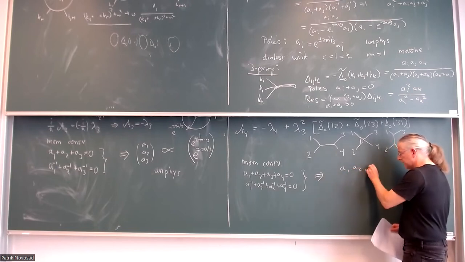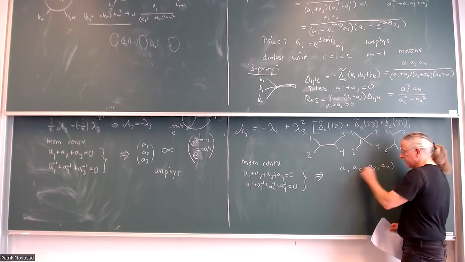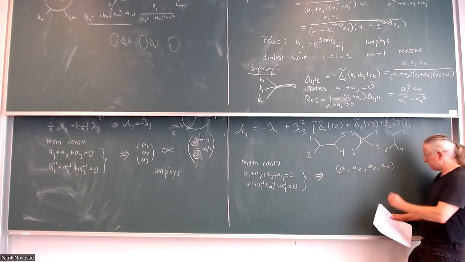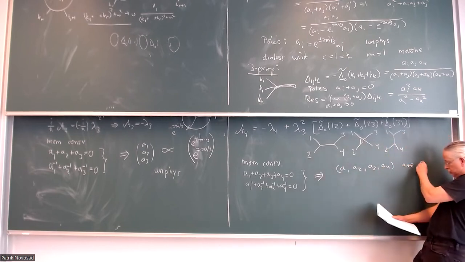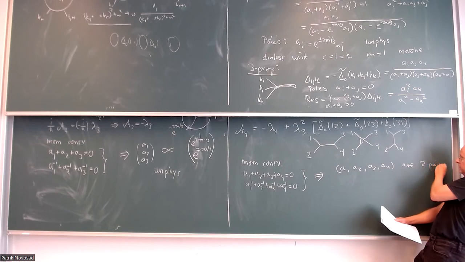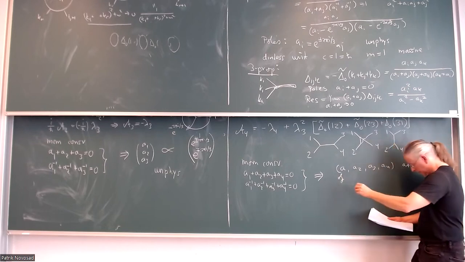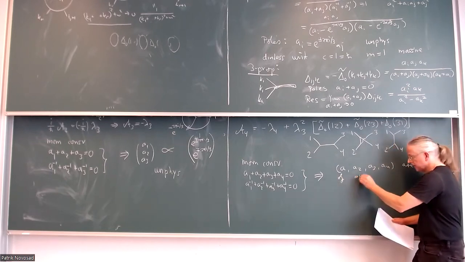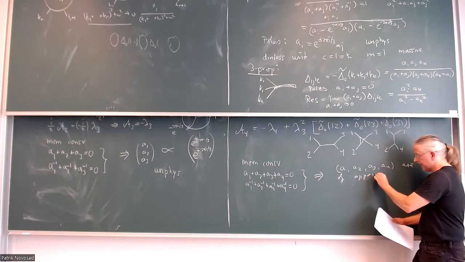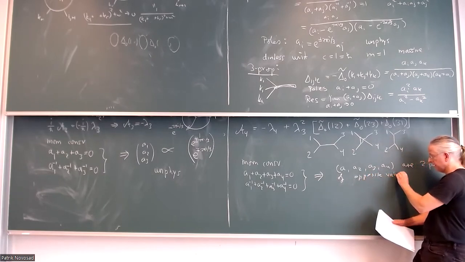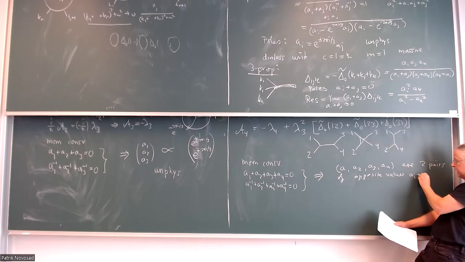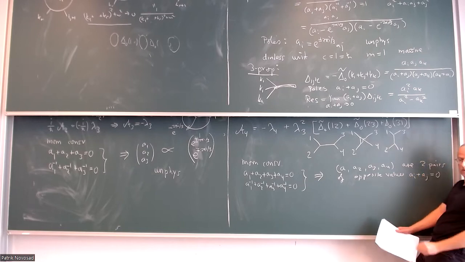A1, A2, A3, A4 are two pairs of opposite values, AI plus AJ.